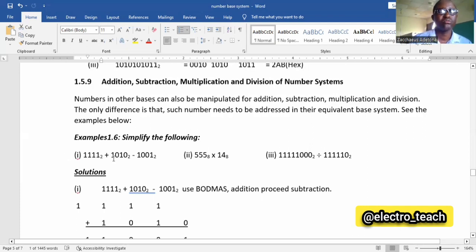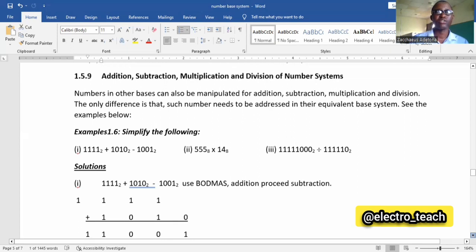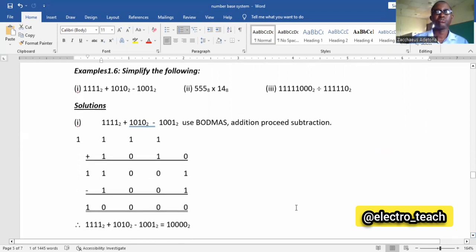1111 in base 2 plus 1010 in base 2 minus 1001 in base 2. So we want to know that. So if you want to proceed, you must bear in mind that there's a preference that we carry out operations in mathematics, and that preference is actually called BODMAS. So brackets, division, multiplication, addition, and subtraction.